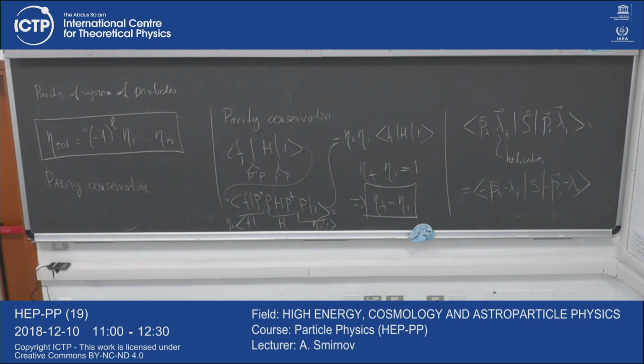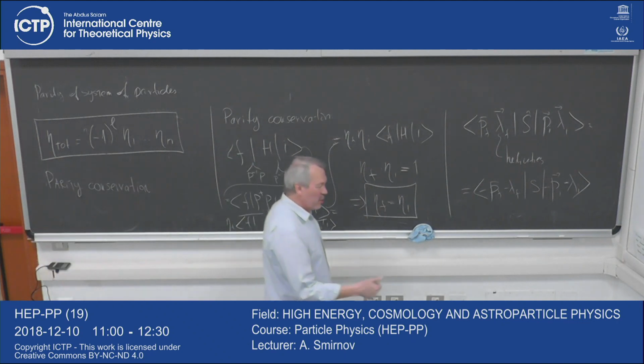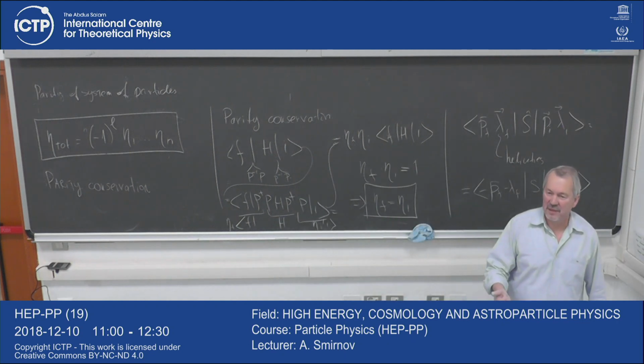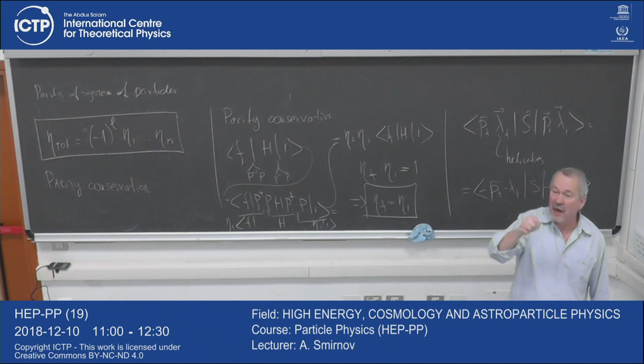And finally, once I discuss this total parity issue, let me briefly explain how the parity of the pion has been established. This is extremely important because you need to establish parity for at least one particle, but then you can use conservation of parity in different reactions due to strong interactions to find out the parities of other particles.